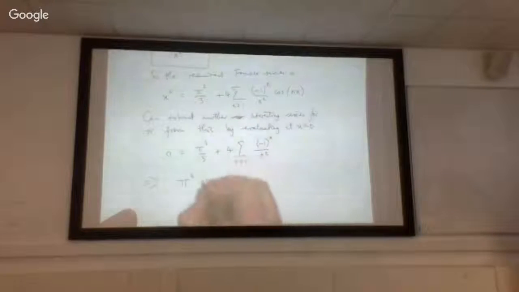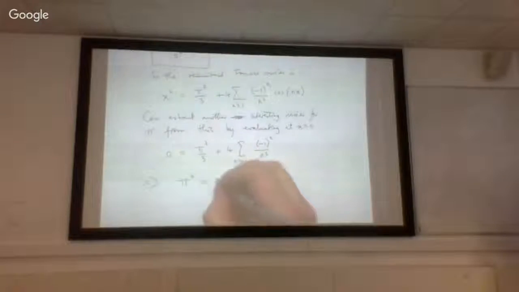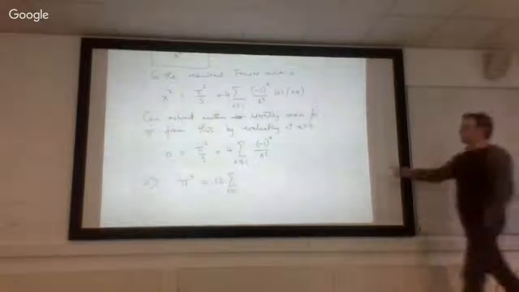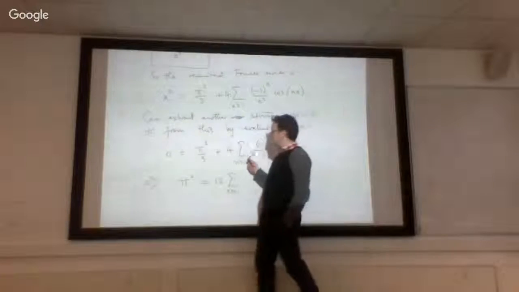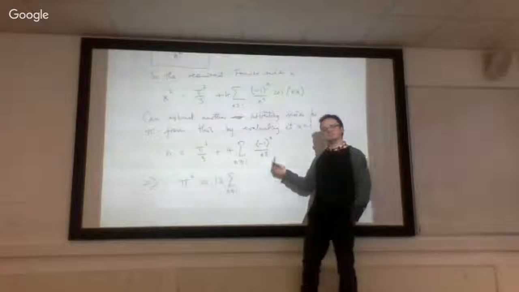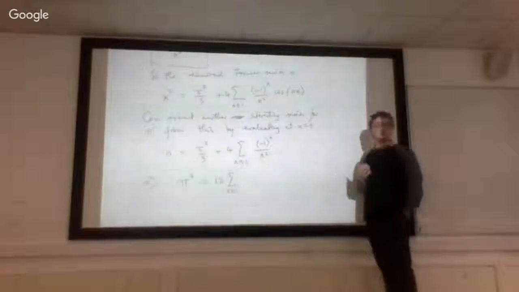Pi squared. We move the other stuff over to the other side and multiply across by the 3. It's going to be 12 times the sum over every n greater than 0. Now, when you move this sum over to the other side, it gains an extra minus sign, doesn't it? Move a term to the other side of an equation, you have to take the negative of it.